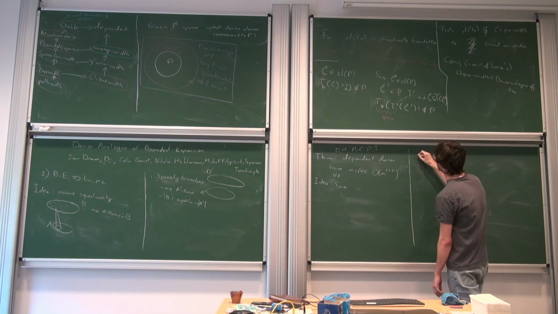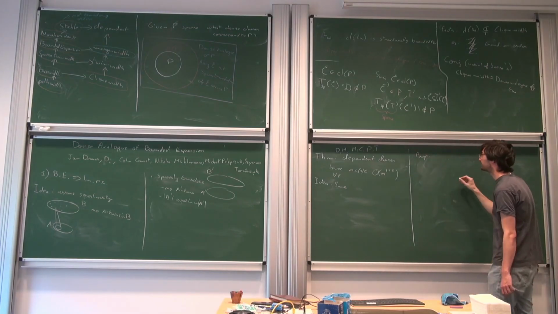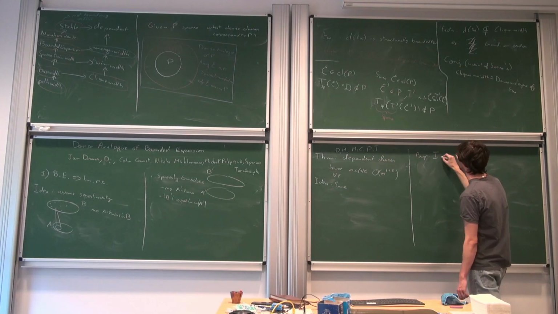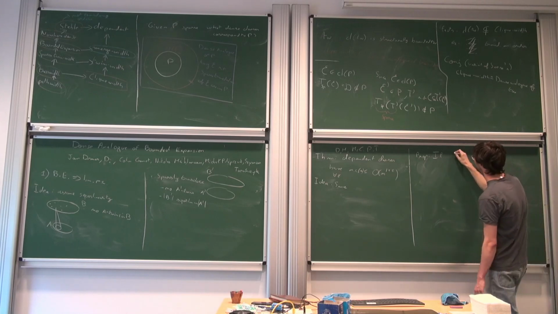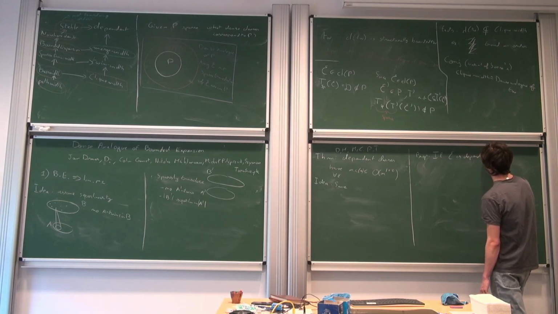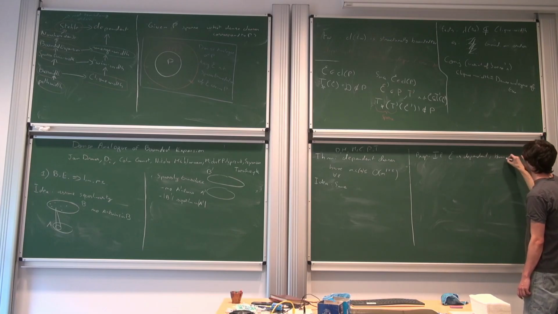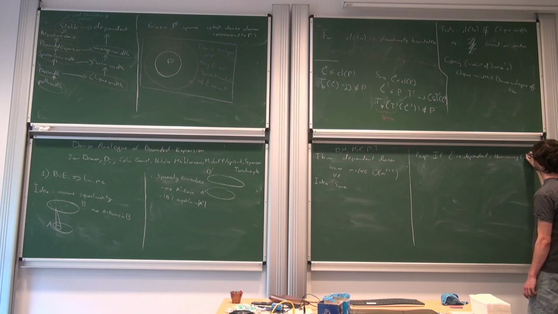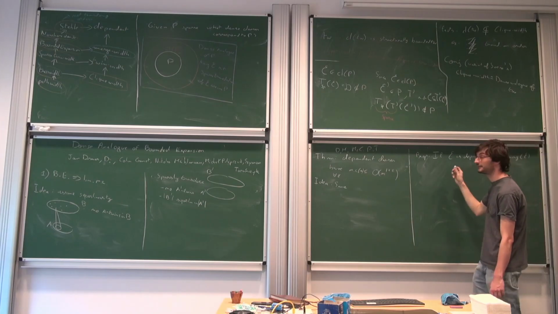So the property is, if a class C is dependent, then the Hamming graphs you can obtain from C are sparse, they are degenerate actually.